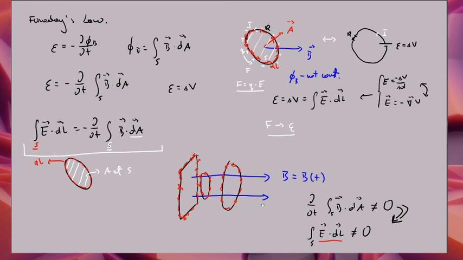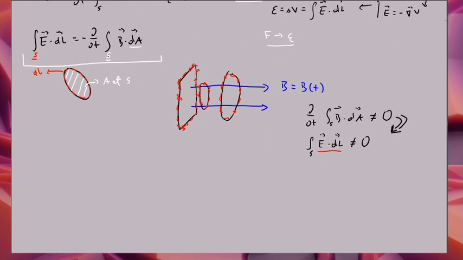So what you should draw from here is that if you have a magnetic field that points like this, and this magnetic field varies with time, then you end up with flux varying with time.